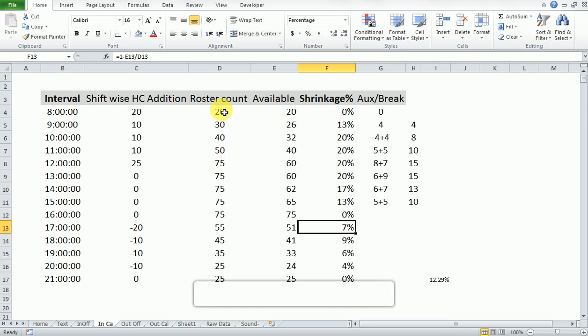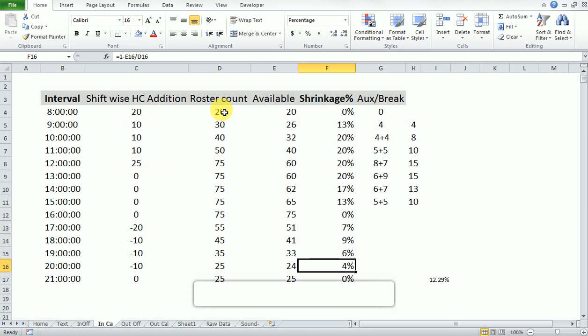The same applies after 6 p.m., when the volume is increasing in every office. So in the peak time we can manage a lower number of shrinkage for the break, and in non-peak time we can manage the break as per the requirement.